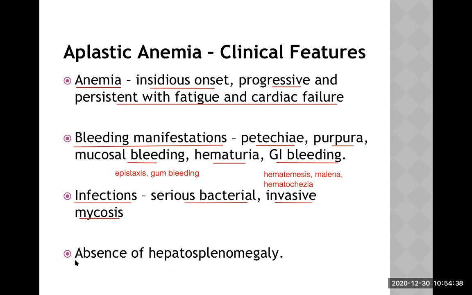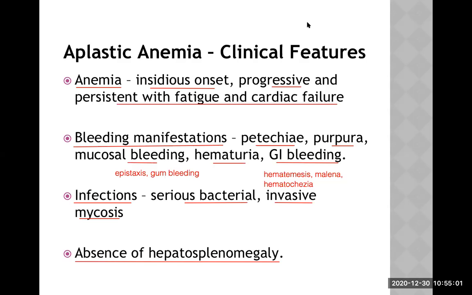One very important point here: there is no hepatosplenomegaly in this case. That is the big factor which separates leukemia and aplastic anemia. In leukemia, because of infiltration of liver and spleen, as well as lymph nodes, there is lymphadenopathy and hepatosplenomegaly.